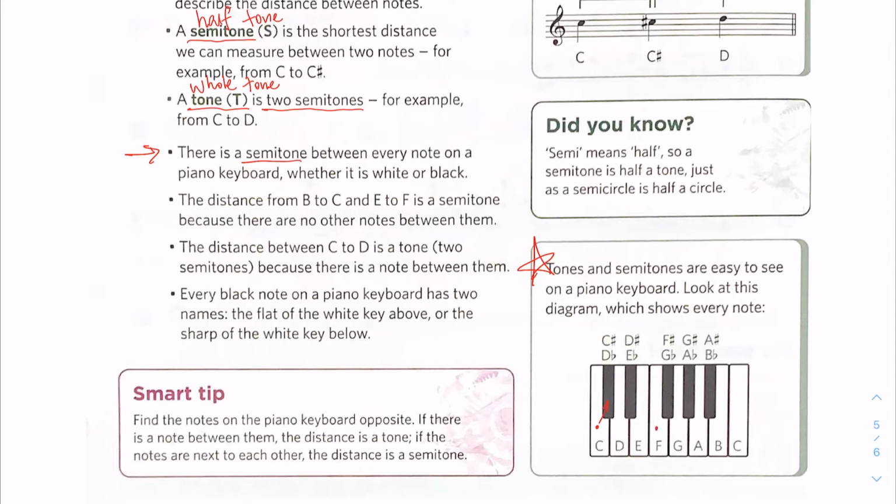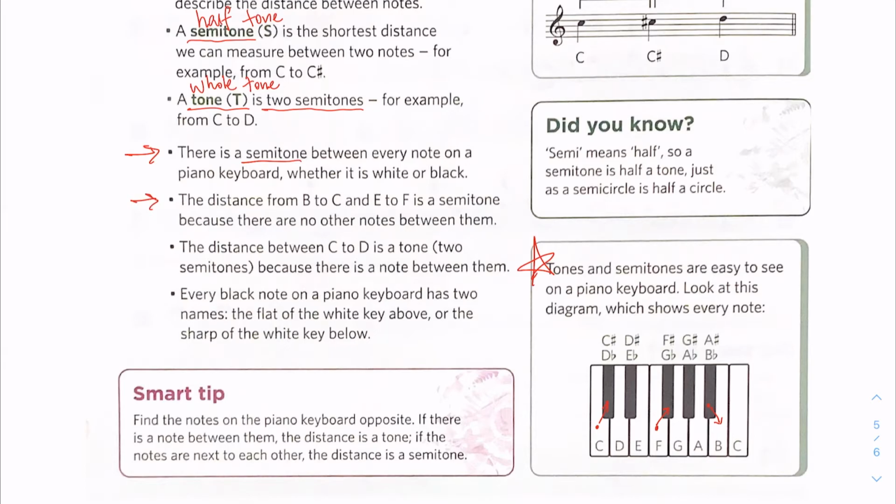Or from F, going here to this black key is the closest distance. So this is also a semitone. If we start with a black key, and go here, this is the closest distance because there is nothing in between these two notes. So this is a semitone. Basically, the distance between a white key and the next black key is always a semitone.